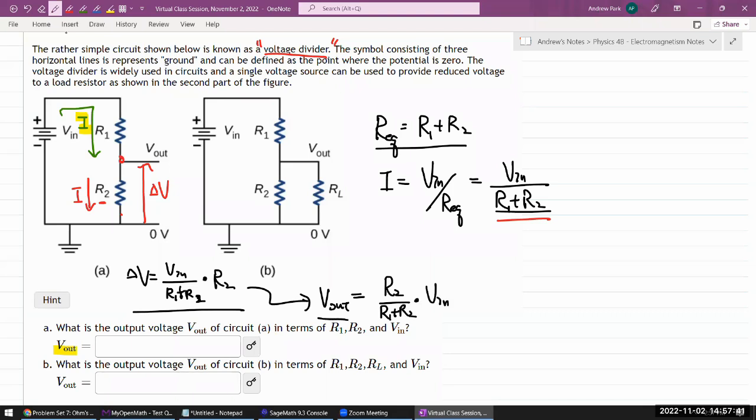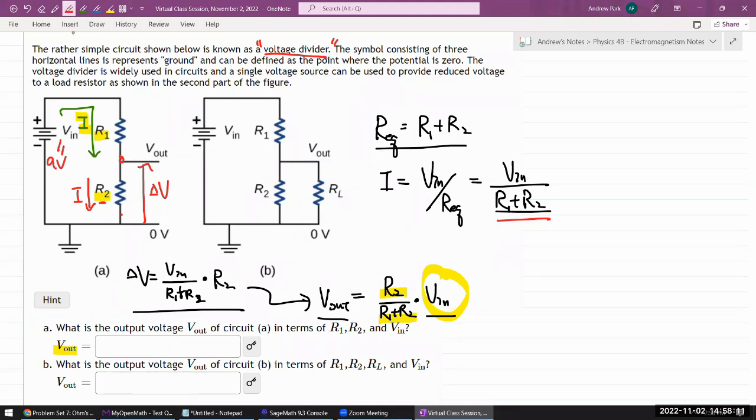This form of expression is why it's called the voltage divider, because it divides the input voltage according to the fraction that you can calculate using the resistance values. It's the value of the resistance that the voltage measurement is across, divided by the total resistance of the series elements.